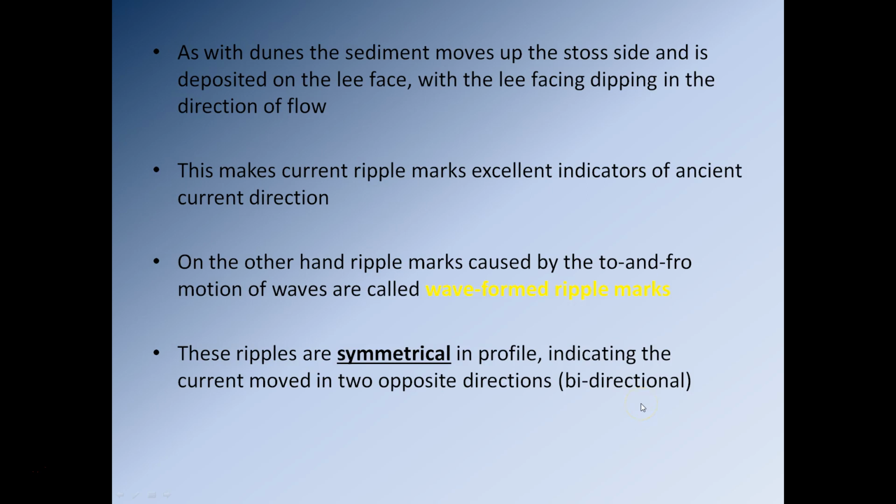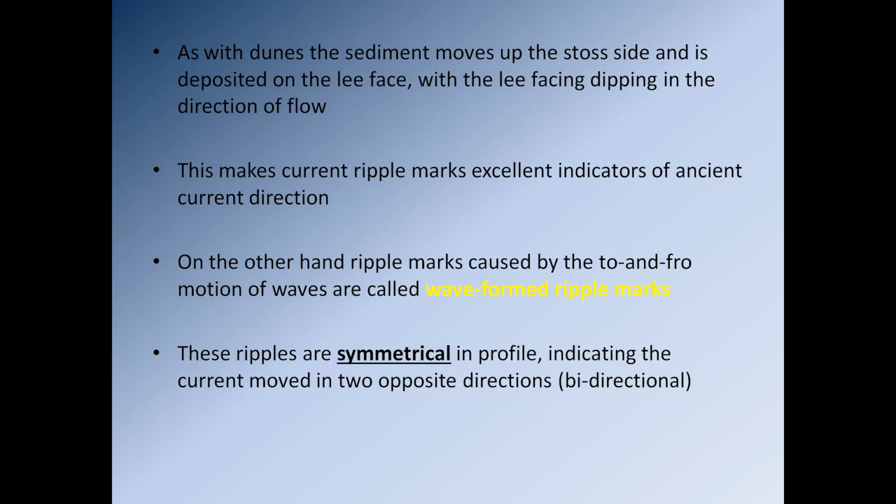bidirectional flow. So the easiest way to think of bidirectional flow is think of a wave hitting a beach. As the wave hits the beach, the water from the wave goes up the beach, doesn't it? So it's transporting the sediment up the beach. However, obviously that water is going to eventually come to a stop, and then gravity is going to kick in, and it's going to be pulled back out towards the sea.